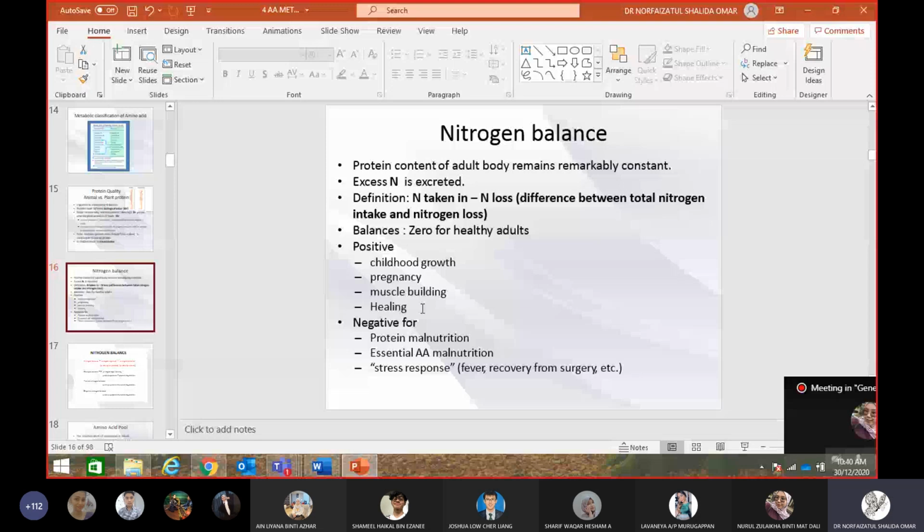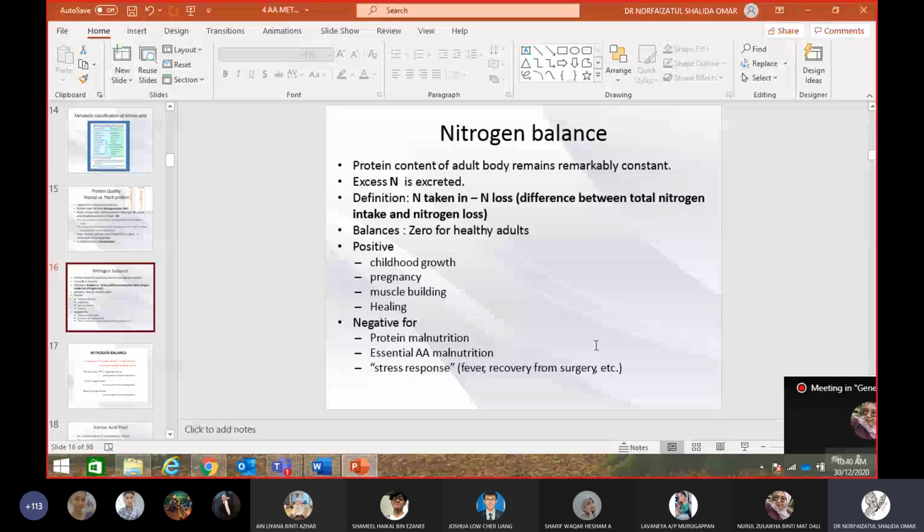It's negative when there's a stress response, meaning when you are sick, when you are recovering from surgery, or from a disease that is a bit hard to heal.